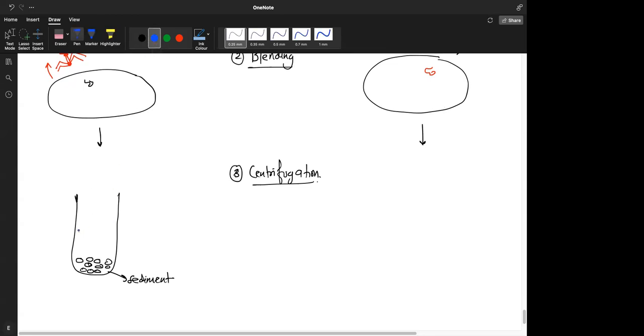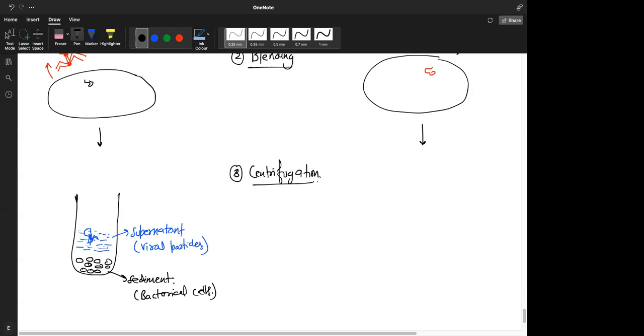Whereas the liquid, the protein, the bacteriophages will stay in the supernatant. The viral particles will be here, and the bacterial cells will be in the sediment because they are heavier, right?